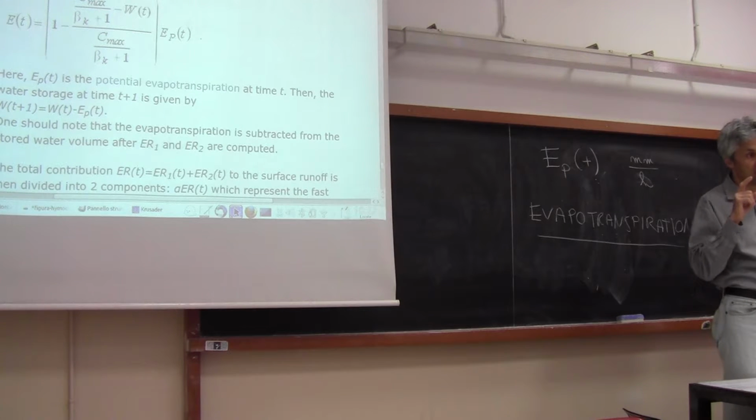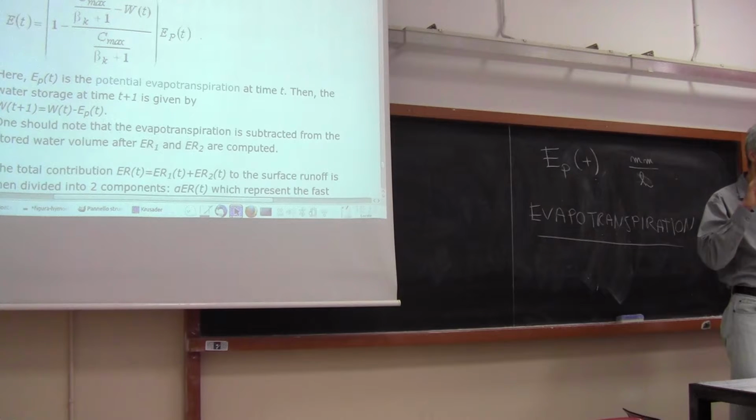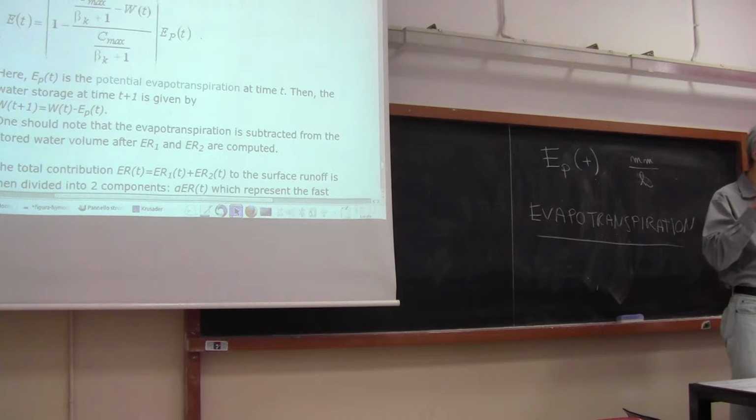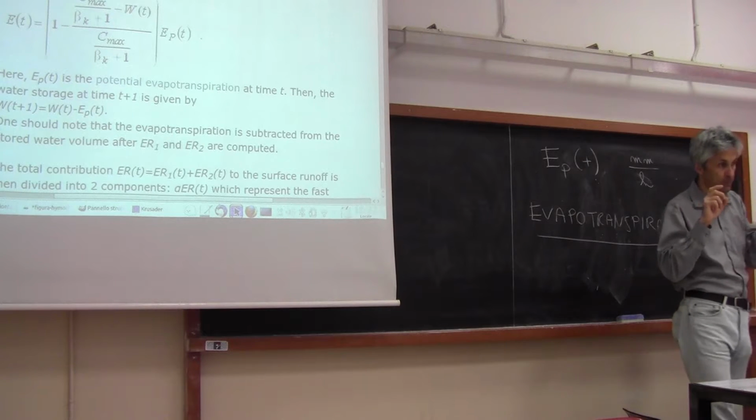Then a second constraint, which is very easy to understand, is that we should have effective evapotranspiration equal to 0 when C is equal to 0, when the water storage in the catchment is 0.